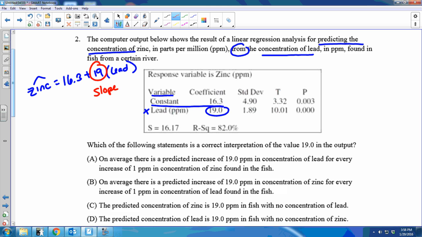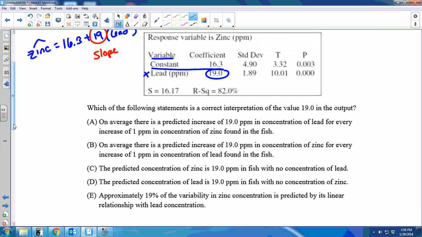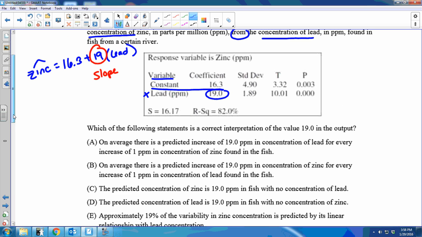So I'm reading through these answers. I need to make sure that I'm talking about the slope. A says, on average, there is a predicted increase of 19 parts per million in concentration of lead for every increase of 1 part per million in concentration of zinc found in the fish. That's very close. You want to say something about an increase of 1 for the lead to get an increase of 19 for the zinc, for every 1 unit of x.